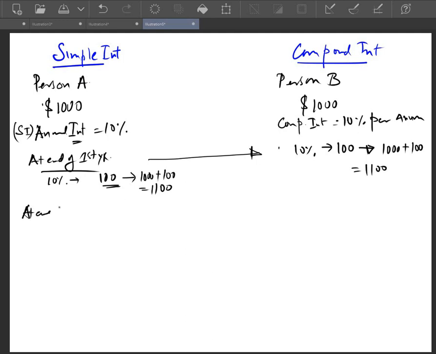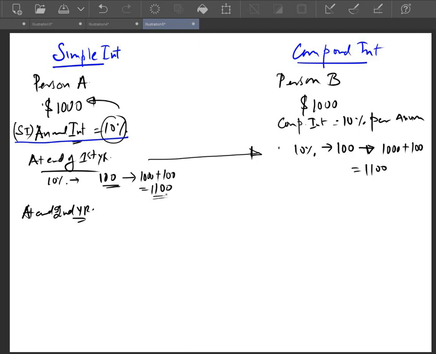So at the end of second year, this person A, since he is invested in simple interest, the bank will disregard his $1,100 as the outstanding balance and will continue to pay the 10% of the original balance, which is called the principal, of $1,000.